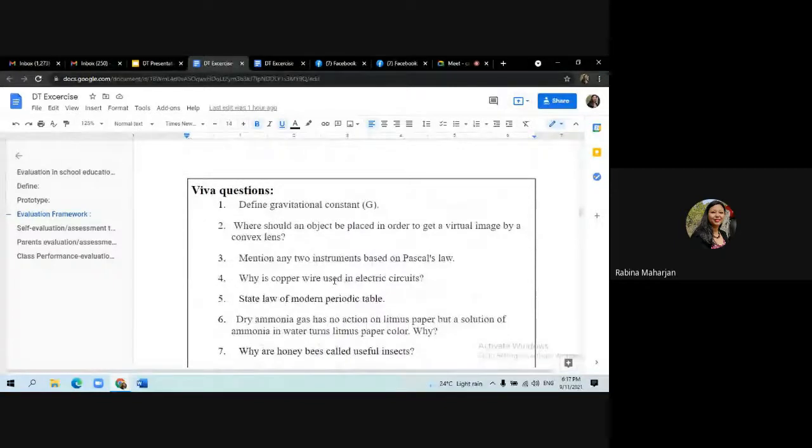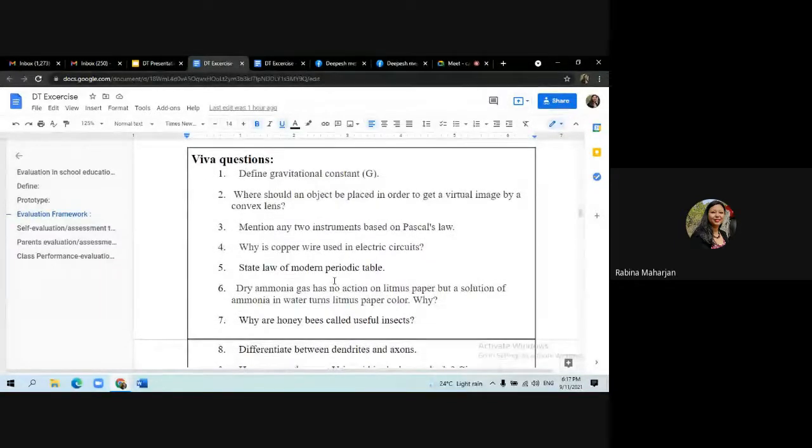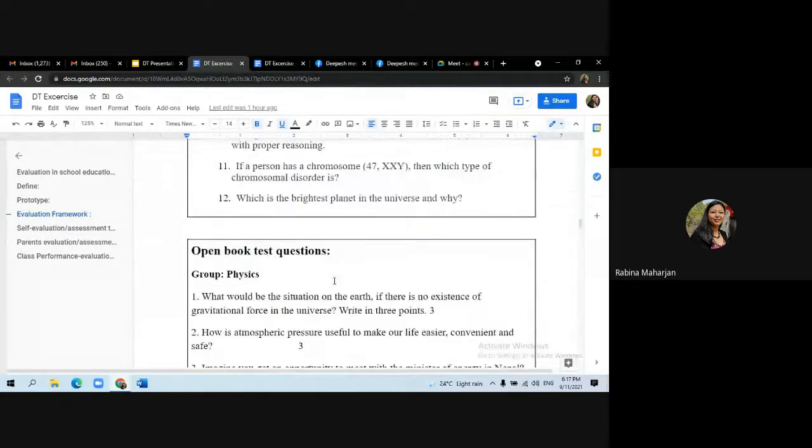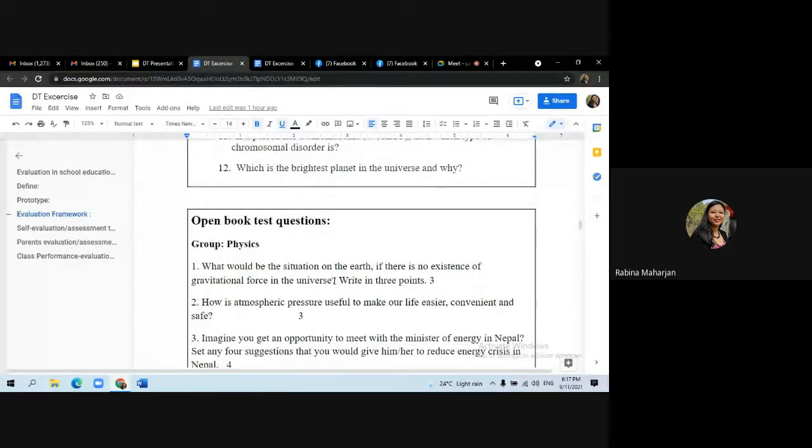Similarly, we have also suggested certain Viva questions in case she feels difficulty on that part also. She may consider these sample questions for the oral or Viva examination. And again, we have also designed some questions for the open book test, since she thinks that making open book test questions is not her cup of tea, and it seems a little bit difficult.